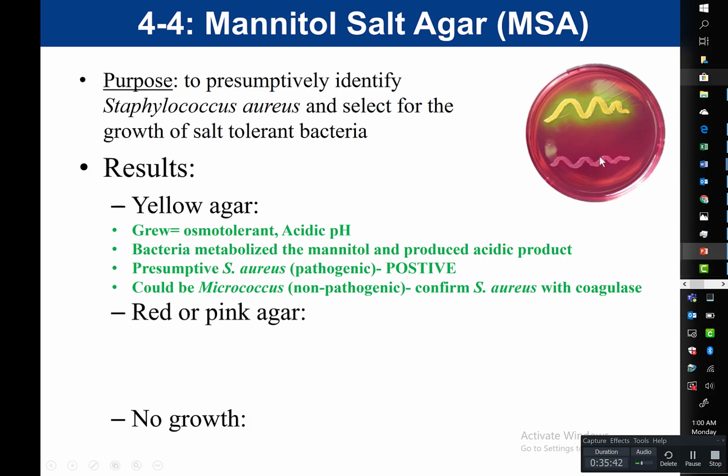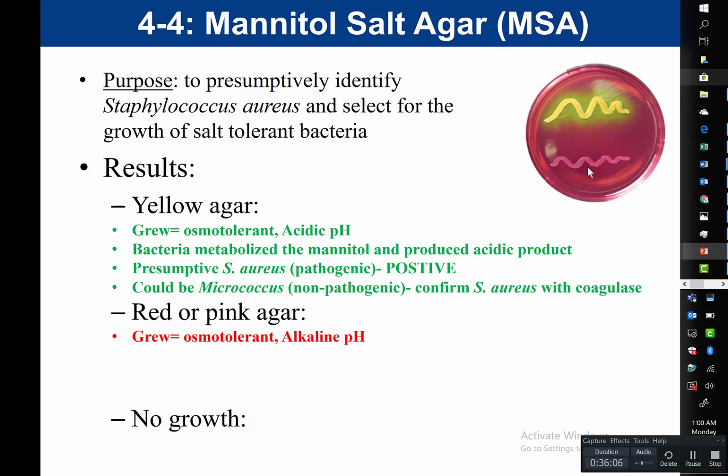So if we see this bottom result, notice the bacteria grew, which means that it is osmotolerant, right? It's osmotolerant because it grew. In the case of the pink or red, that is going to be an alkaline pH. So again, it grew, produces an alkaline pH.